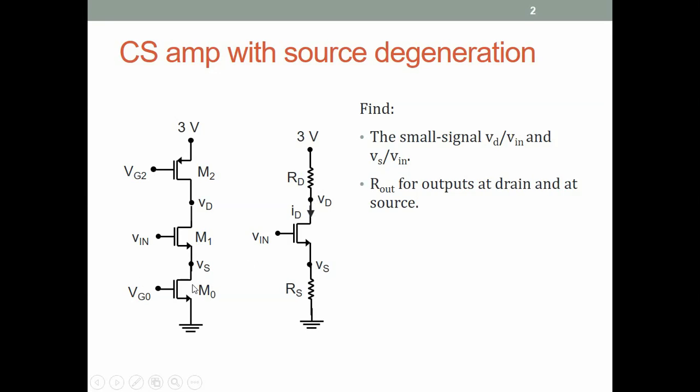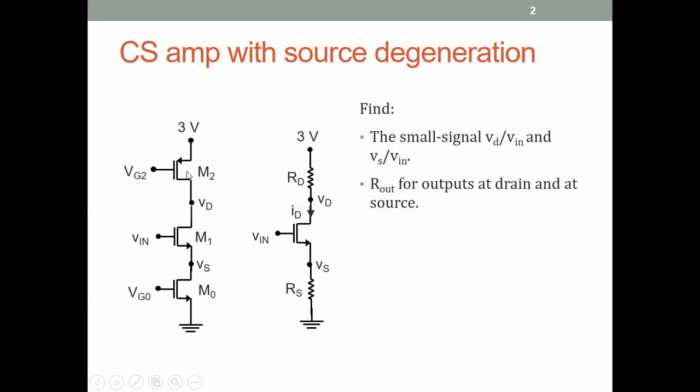Now if you look at this circuit on the left and the right, these are both actually forms of the same circuit class called the common source amplifier with source degeneration. Only here we have MOSFETs instead of resistors.